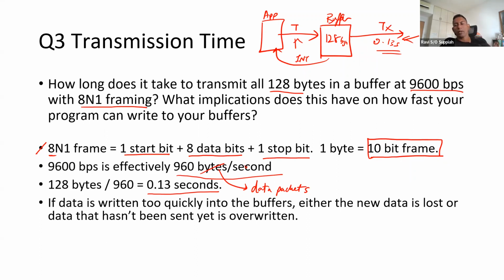So the frame, if I add one more stop bit, or instead of 8 data bits I have only 7 data bits, then this will become 9 bits. Correct. If this becomes 9 bits, then the effective rate becomes slightly higher. That means I can transmit the 128 data packets slightly faster than 0.13 seconds.